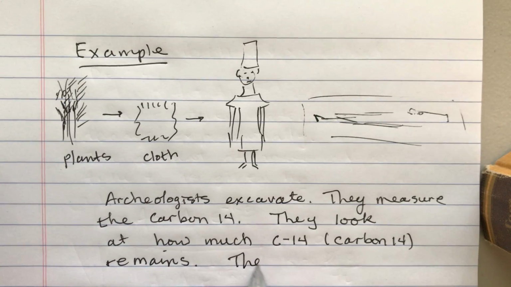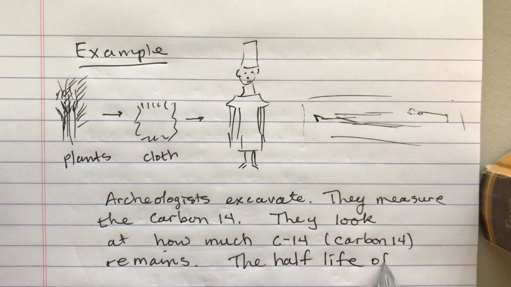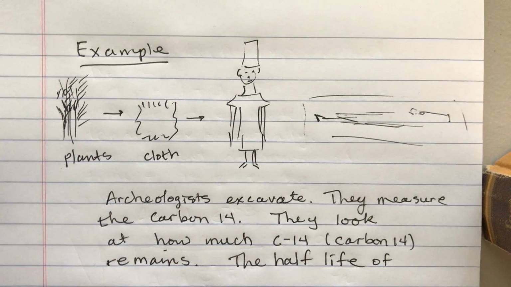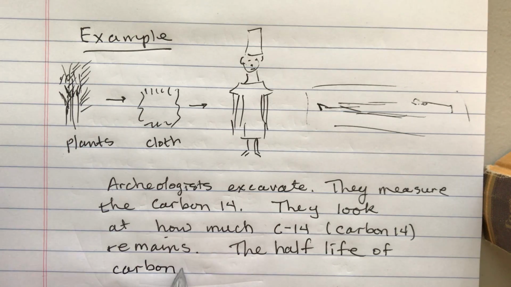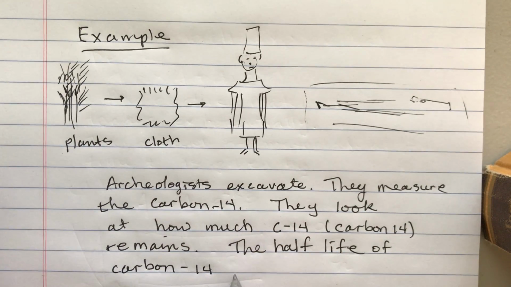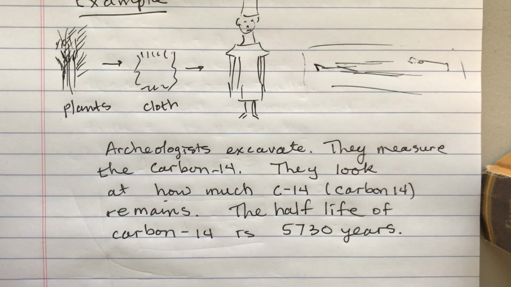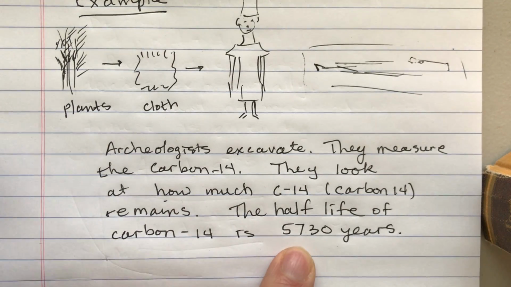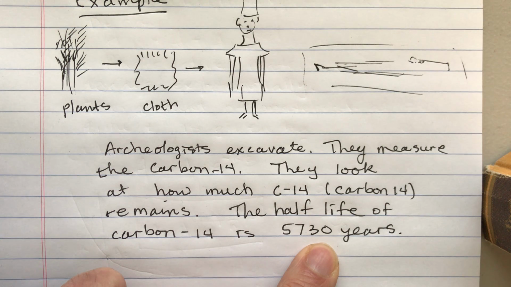Now, the half-life of carbon-14 is 5,730 years. So what this means is that however much there was, like say there was 1 unit of this carbon-14 5,730 years ago, now there's half of it.